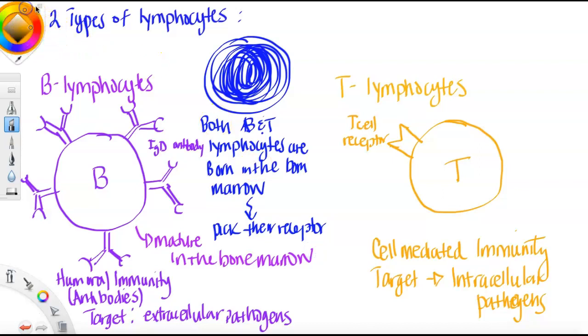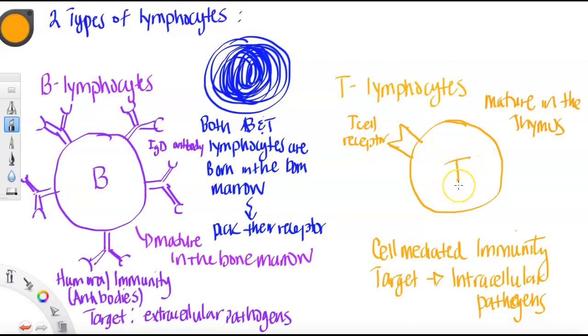And T cells mature in the thymus. So that's why bone marrow and the thymus are the two primary lymphoid organs, because this is where the cells come from. There's those two places.